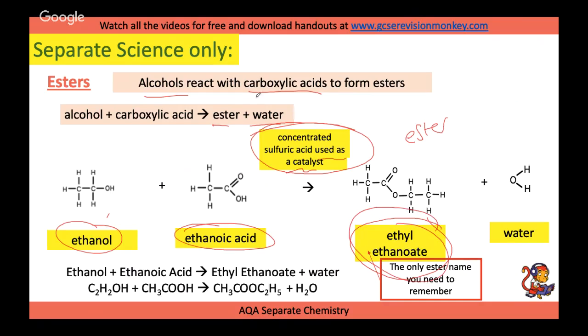These esters are really volatile and fragrant compounds. And this is how we'd show it as an equation here. Ethanol plus ethanoic acid making our ester, ethyl ethanoate, and water. If you see the way the molecules are written here, you can see their functional group.